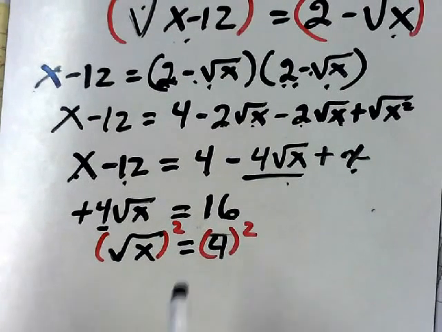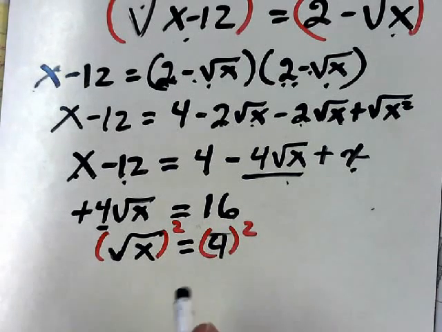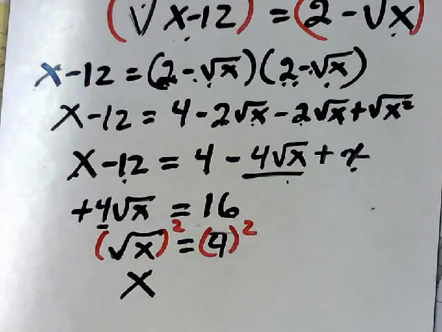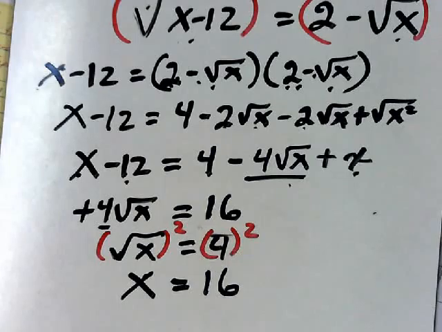So the square root of x squared becomes x equals 16. That's 4 times 4 is 16. Right?